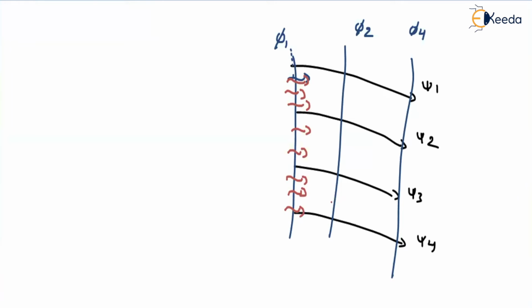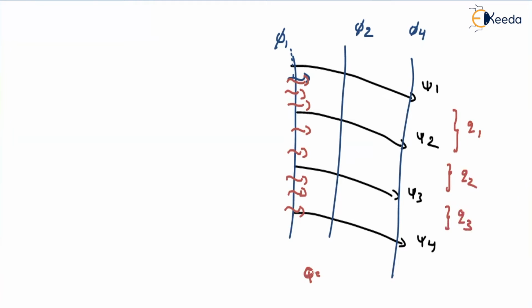So how can I find out the total seepage, the total discharge Q? What is the flow happening between two flow lines? In between these two flow lines, there may be some discharge Q1. Similarly, in between these two, some discharge Q2, and in between these two, some discharge Q3.